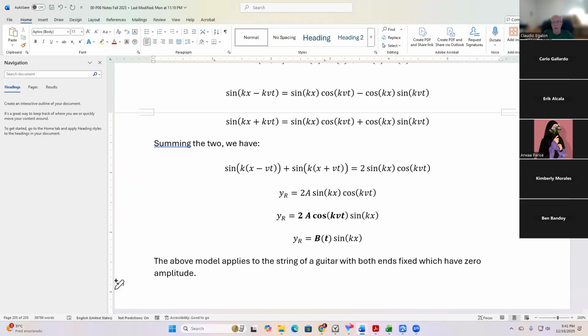If the string has a length L, then we have the following relation. That's what I call the boundary conditions.